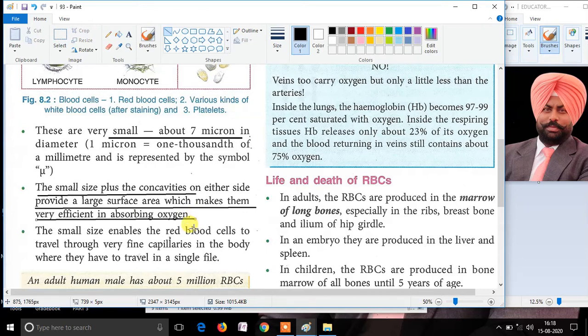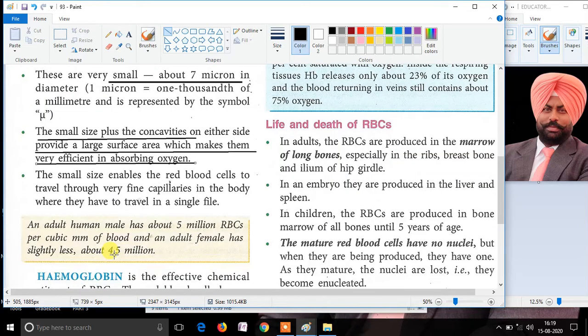The biconcave nature of red blood cells helps in more absorption of oxygen. An adult male has about 5 million RBCs per cubic millimeter of blood, while an adult female has about 4.5 million RBCs per cubic millimeter of blood.